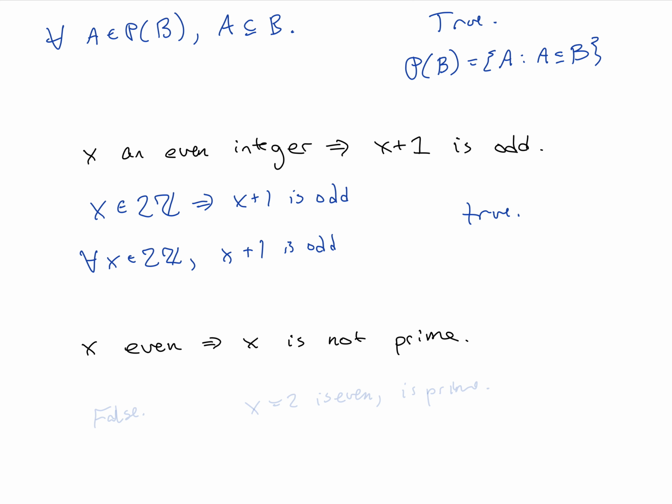And lastly, x is even implies x is not prime. This is false. In most cases, that is typically true. Any x greater than 2 that is even is not prime, but x equals 2 is even and is prime.